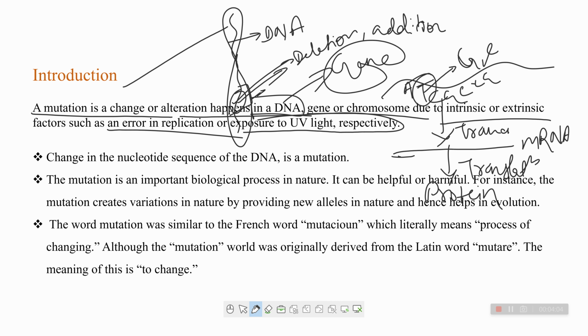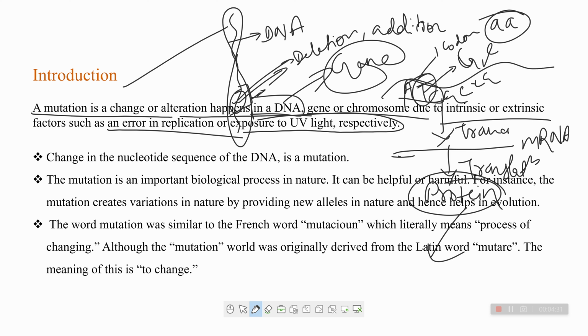By codons: 3 nucleotides code for 1 codon, right? 3 nucleotides work as 1 codon for an amino acid, and a chain of amino acids is known as protein, and this protein functions as an enzyme or other factor.